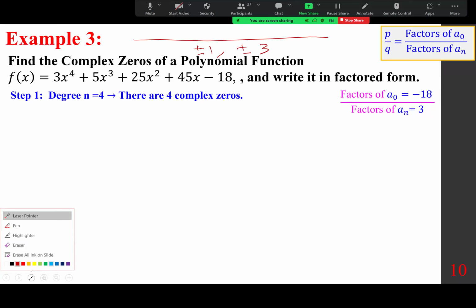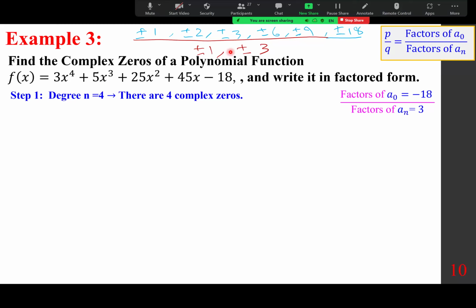Let me use a different color. Plus minus 1. Plus minus 2. Plus minus 3. Plus minus 6. Plus minus 9. Plus minus 18.